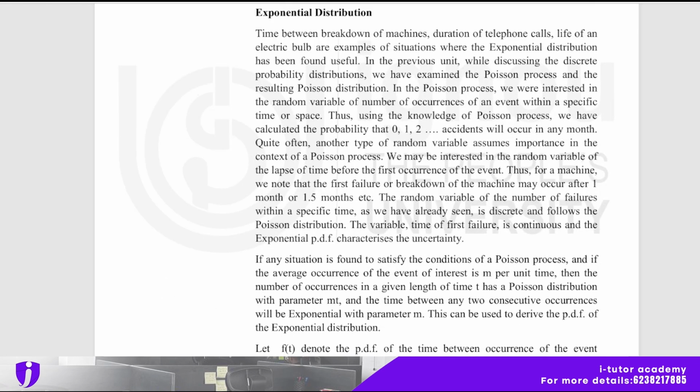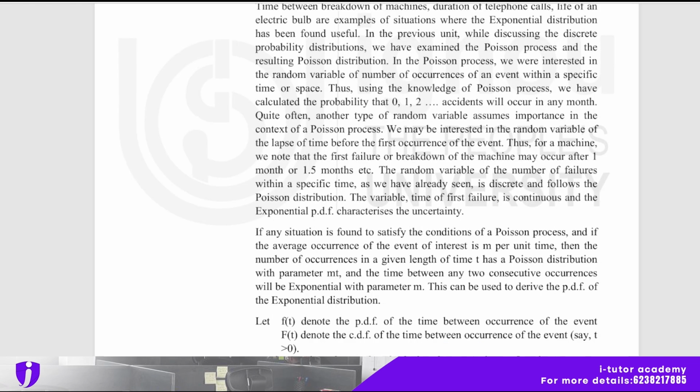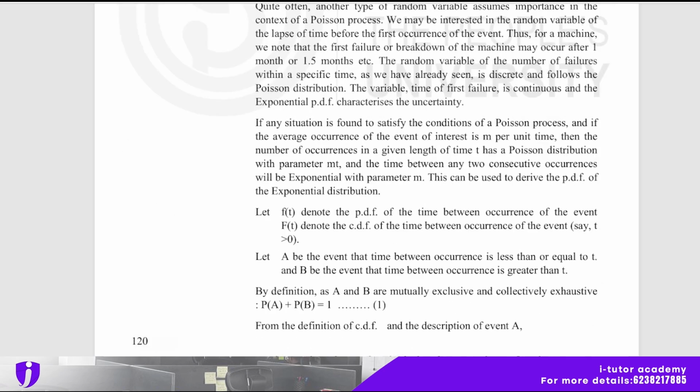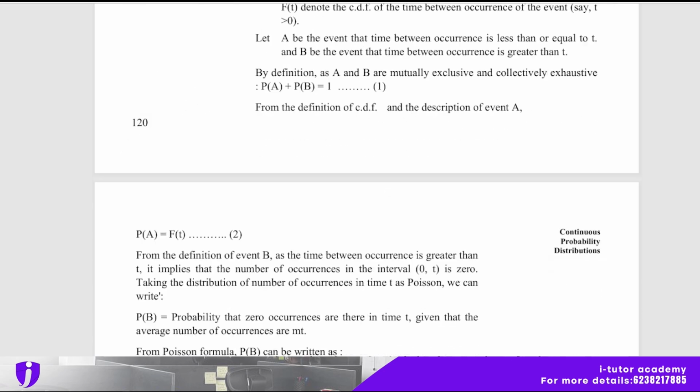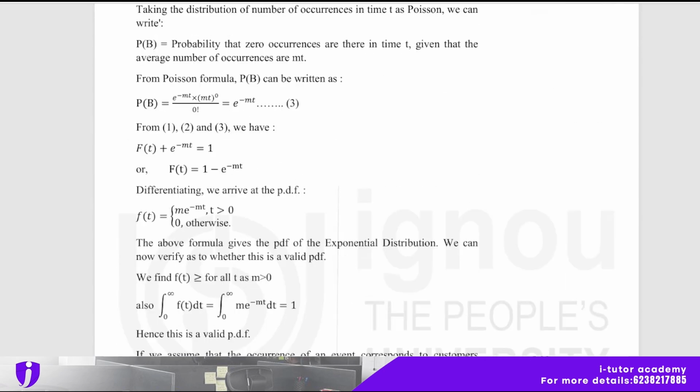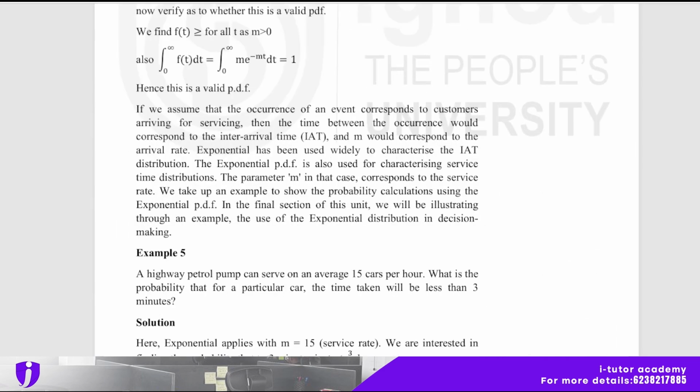And if any situation is found to satisfy the condition of a Poisson process, and if the average occurrence of the event of interest is m per unit time, then the number of occurrences in a given length of time t has a Poisson distribution with the parameter mt, and the time between any two consecutive occurrences will be exponential with the parameter m.